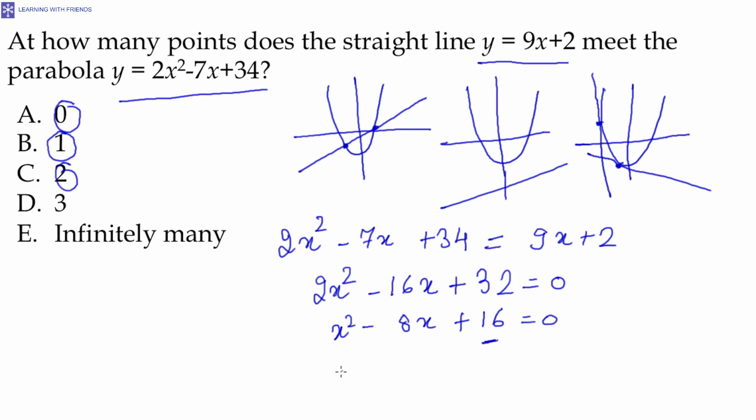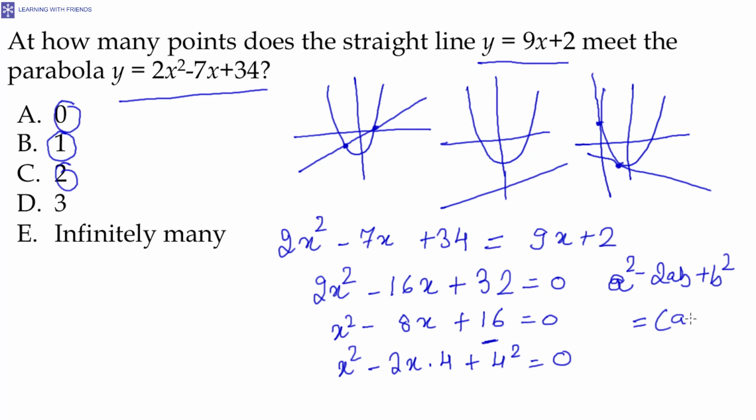So this fulfills x squared minus 2x into 4 plus 4 squared. This equation is of the form a squared minus 2ab plus b squared, which is the formula for a minus b whole squared, right? So what am I saying here? a squared minus 2ab plus b squared. This is what the form is. This is the formula for a minus b the whole squared.